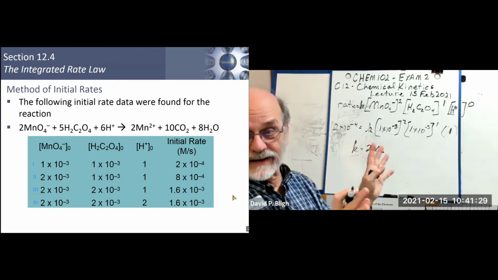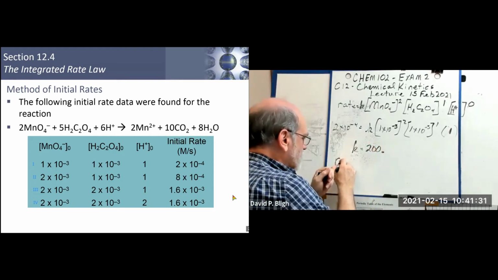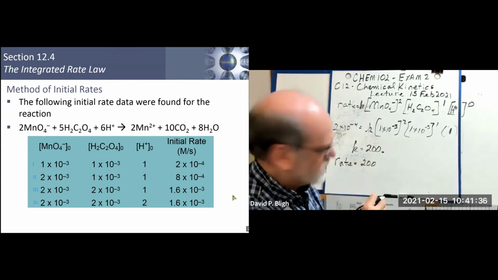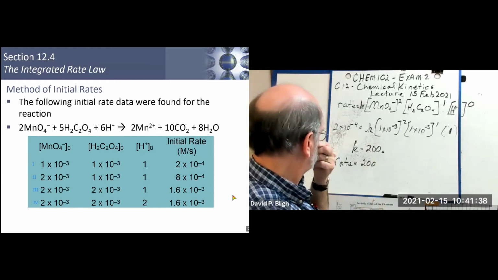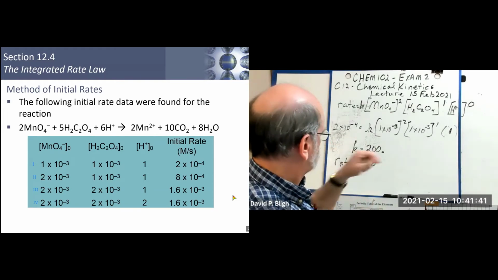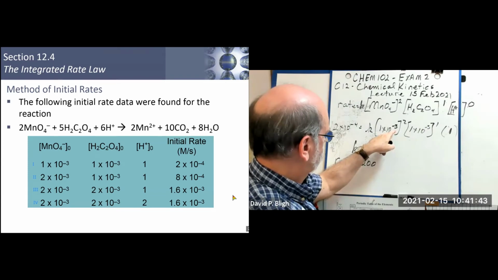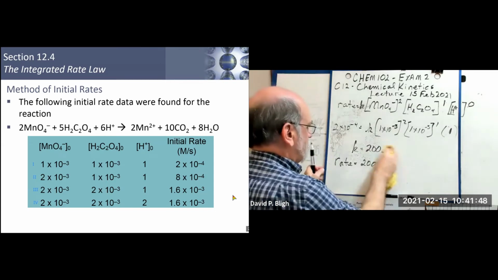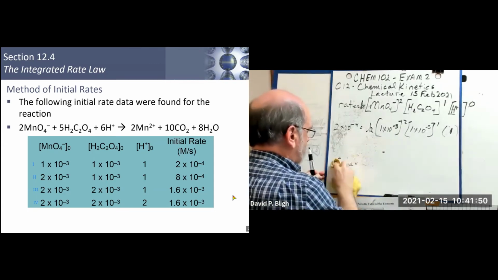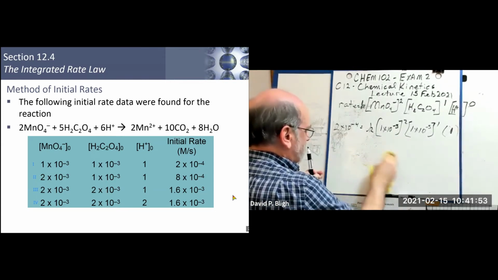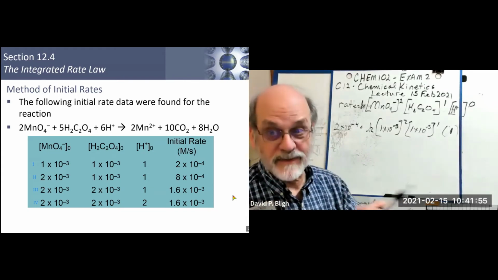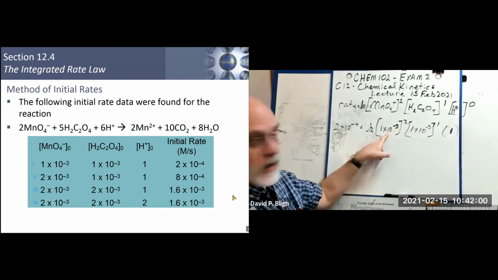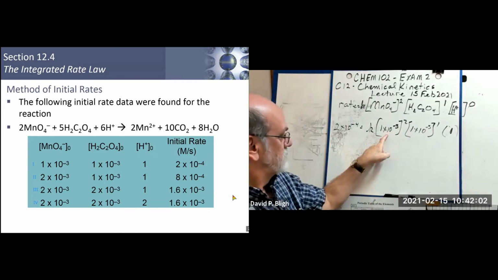Okay, now we can write our rate law. So the differential rate law is 200, if I did my calculations correctly. No, I didn't. Yeah, I always have to keep thinking. So I did that calculation wrong, right? I didn't square that number, right?